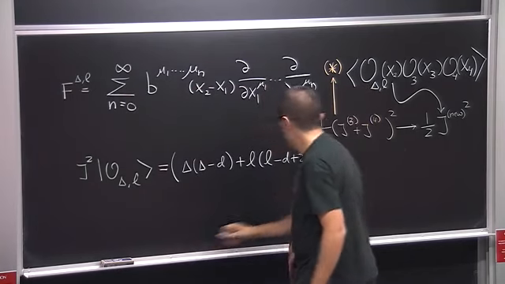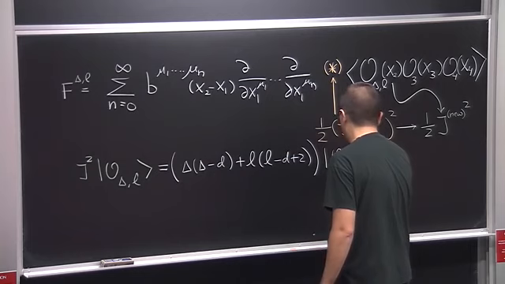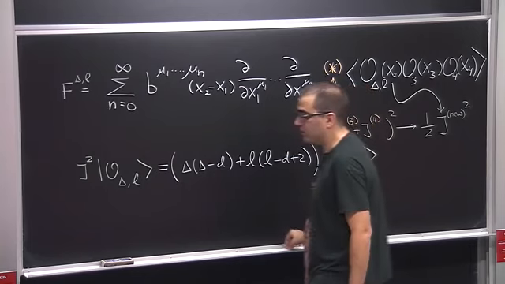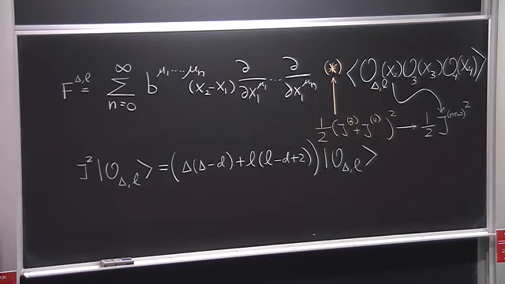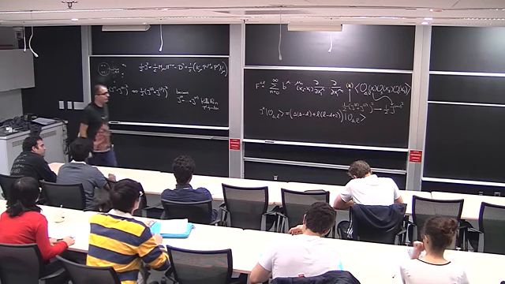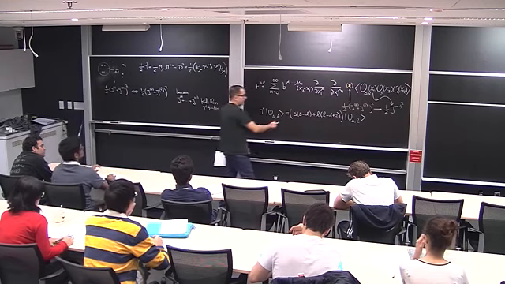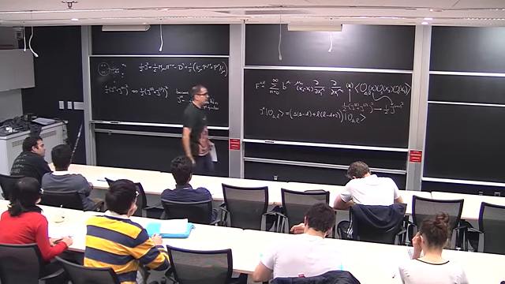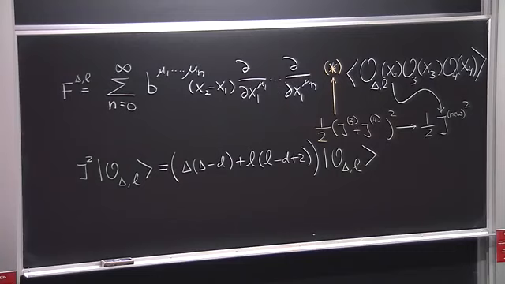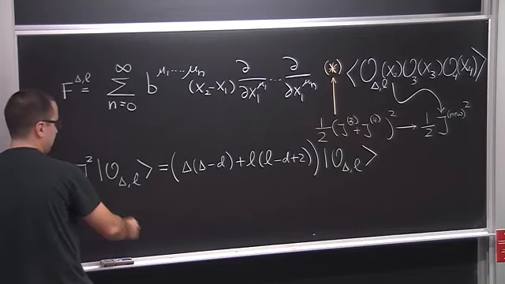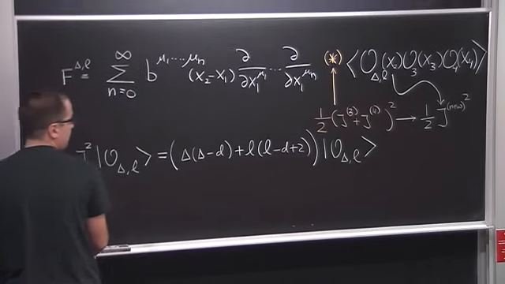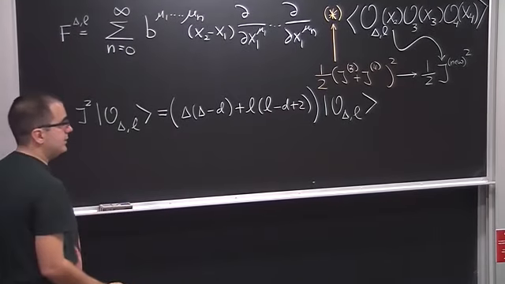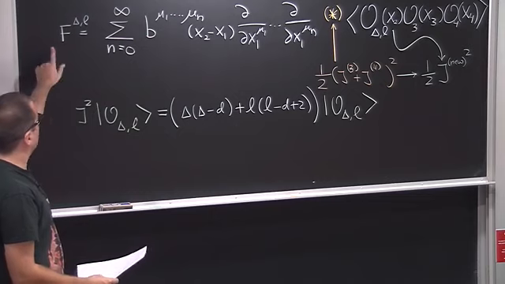Times the state in the same representation. It's a Casimir, so whenever you have some state in a given representation and you act with a Casimir, you just measure its representation, and what you get is the value of the quadratic Casimir times the state itself, for any state in that representation. So we are done.